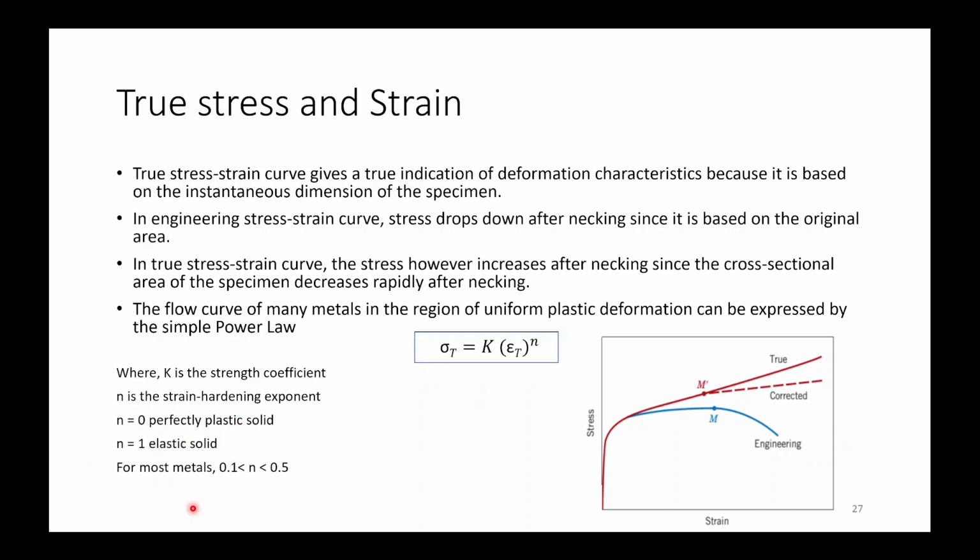For most metals it is between 0.1 and 0.5. Now this true curve will always be higher compared to the engineering stress strain curve because we are dividing by the initial cross section, which is larger compared to the instantaneous one.